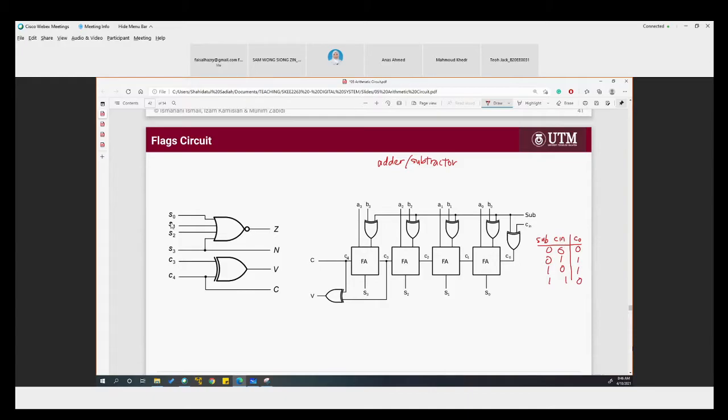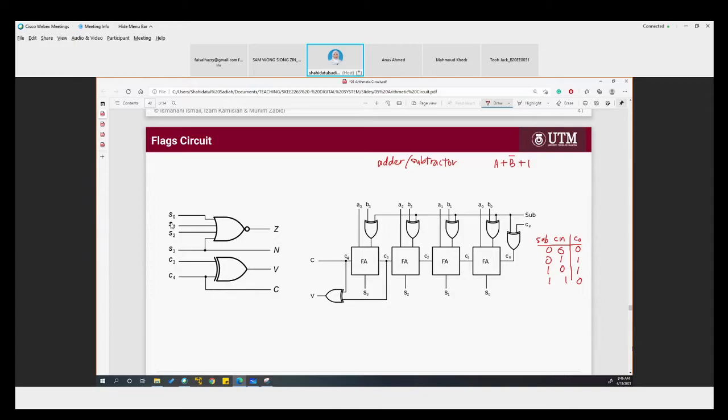Okay, so we know that using adder, so this is adder, full adder, full adder, full adder, full adder. Using adder circuit to subtract, the formula is A plus B flipped plus 1, right? So this B must be flipped to subtract, and the LSB is added with 1.